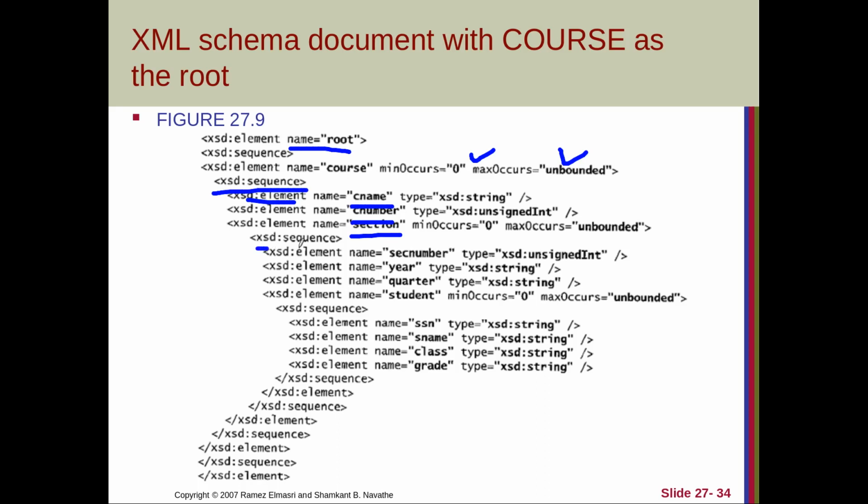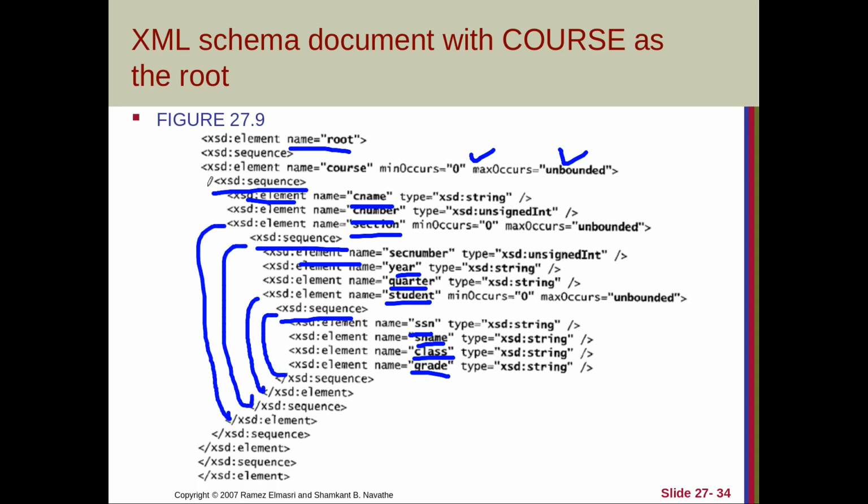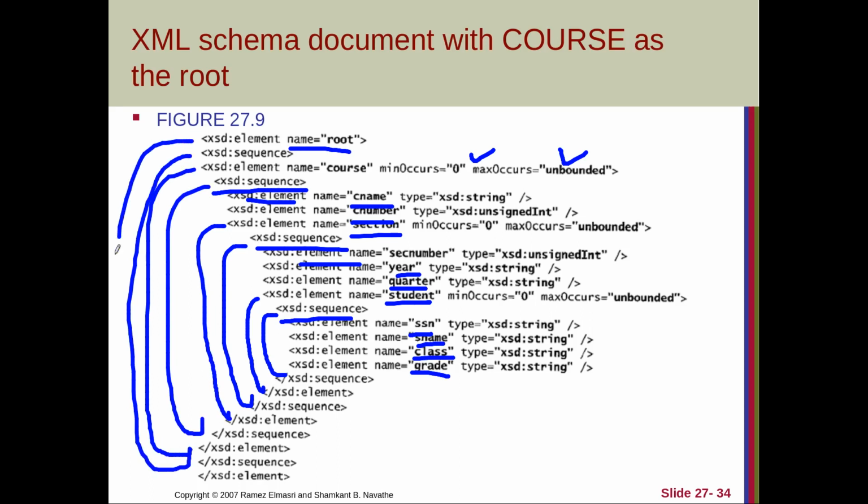Section is again an XSD sequence of elements: section number, year, quarter and student. Then student is again a sequence of SSN, SName, class, grade, right? Then XSD sequence is closed, XSD element is closed, XSD sequence is closed, XSD element is closed, XSD sequence is closed, XSD element is closed, this XSD sequence, then XSD element.